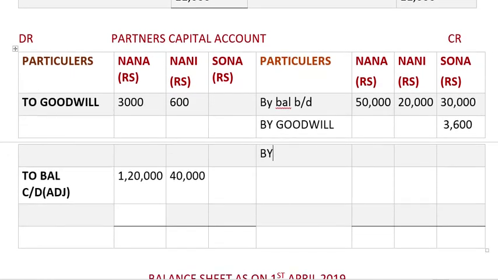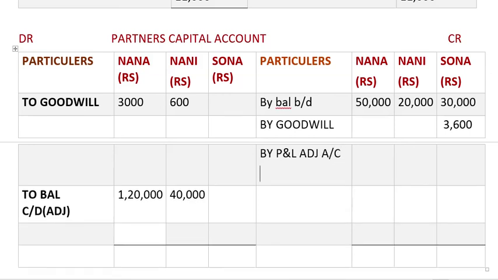by profit and loss adjustment account, and in bracket we'll write profit transfer. Okay, how much, Nana? 4,920.